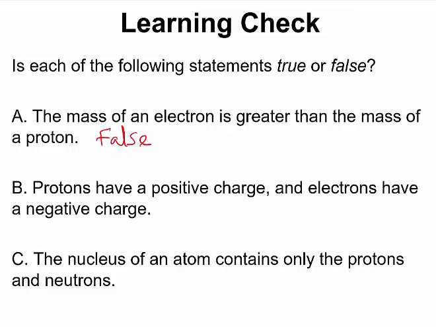Protons have a positive charge and electrons have a negative charge. That is true. The nucleus of an atom contains only the protons and the neutrons. That again is true.